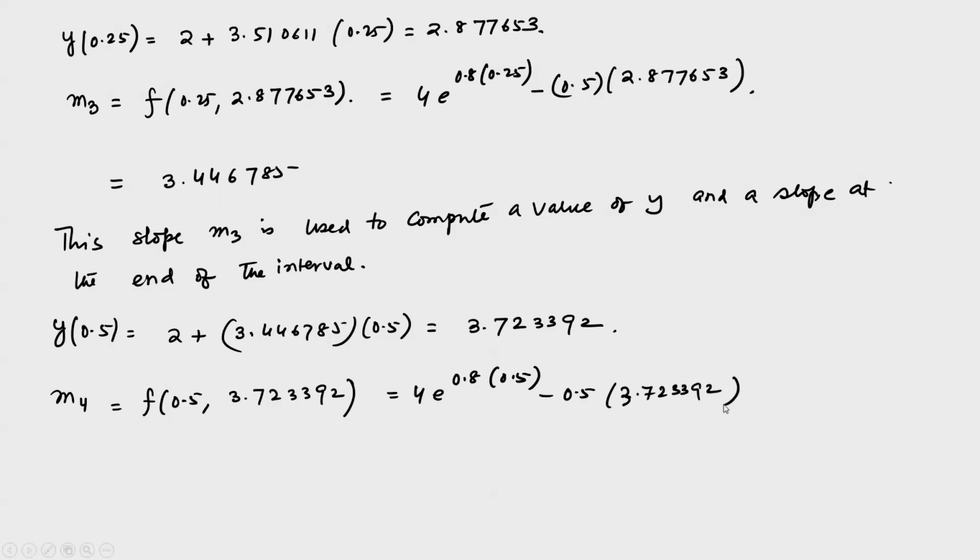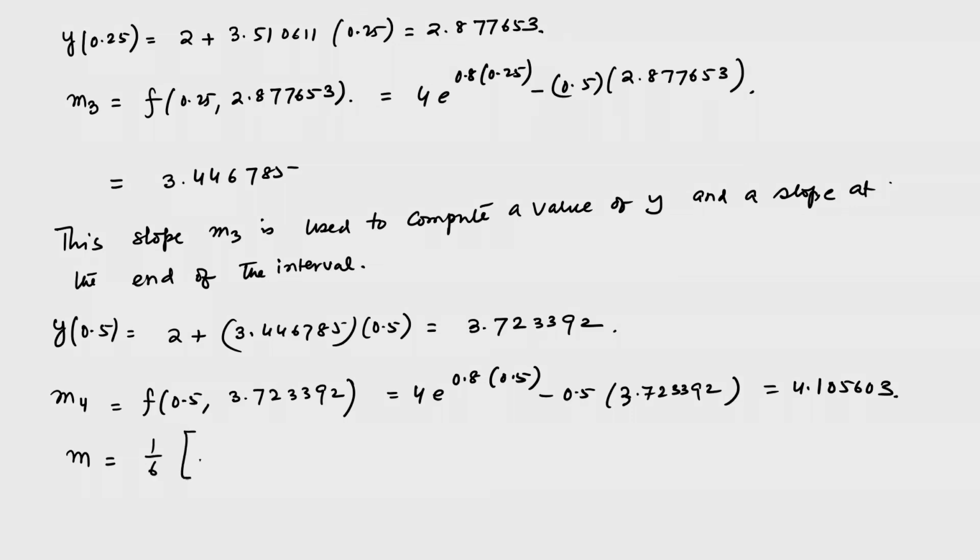All right. So, if you calculate that, that becomes equal to 4.105603. So, I have calculated 4 slopes at 4 discrete points, and these are going to be used to update the solution at the end of the interval.